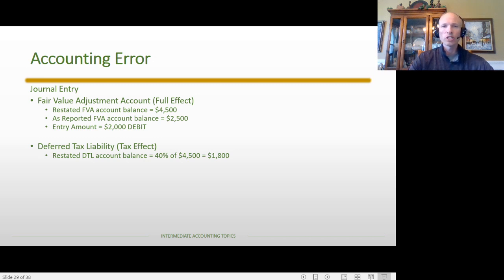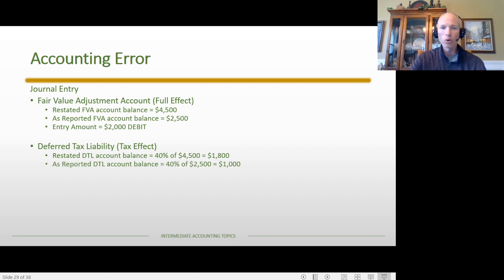And so the total difference between the $17,000 that's reported under U.S. GAAP and the $12,500 that's reported under the Internal Revenue Code is the balance in the fair value adjustment account of $4,500. So the tax effect of that difference, given a 40% tax rate, is 40% of $4,500 or $1,800. All right, so that is the tax effect from the restated balance.